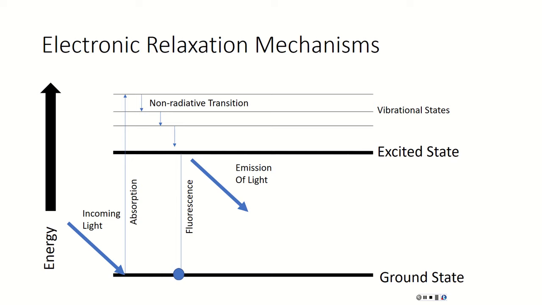Mm-hmm. And then, are these actually vibronic states, or are these excited states? I guess I could probably put excited vibrational states to make it more clear. I think this is all happening on one potential energy surface. Yeah, I'm just trying to show the mechanisms in case somebody doesn't know how radiative recombination works.